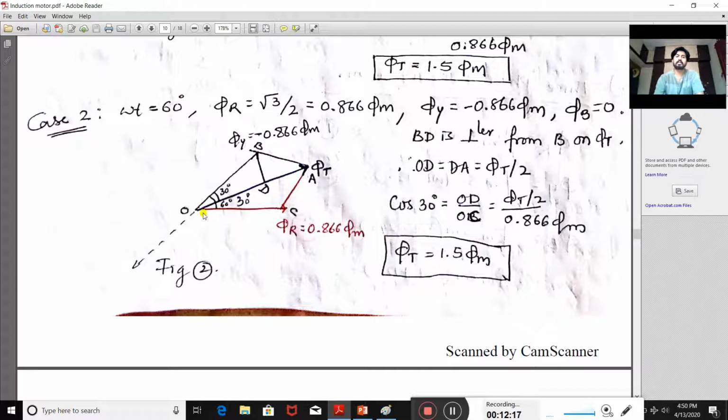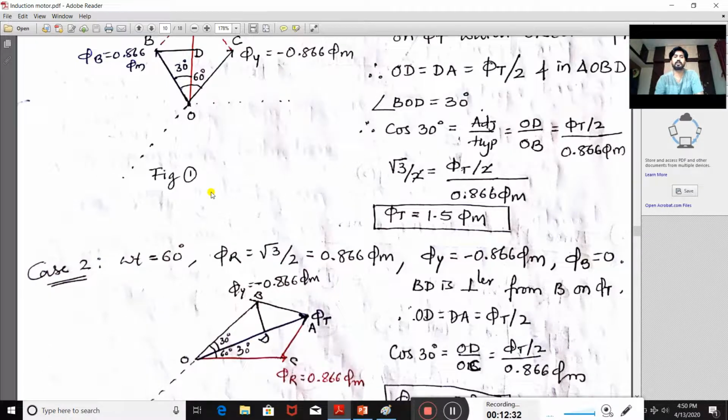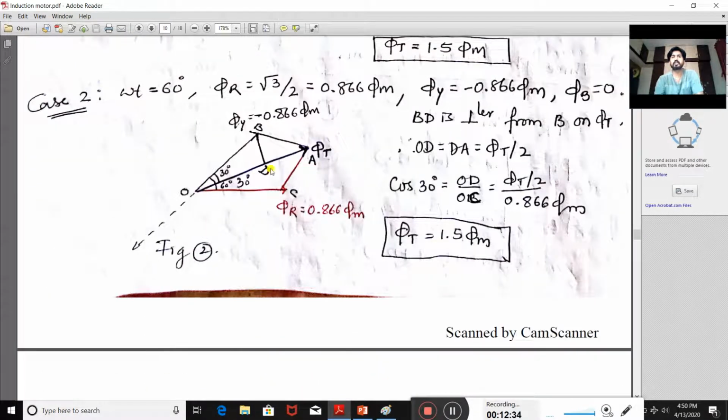At the same time, the direction of that rotating magnetic field has now moved from the initial condition. Initially it was in the upward direction in this position. Now it is moving from this position to this position. So there is a movement of the rotating magnetic field. If you calculate similarly with different values, omega t equal to 120 degree, 180 degree, 240 degree, 300 degree and 360 degree, then for 120 degree the resultant flux will be in this direction, and for 180 degree exactly downward.